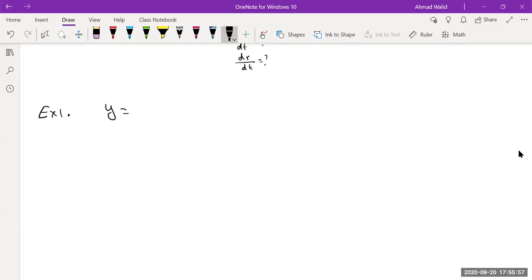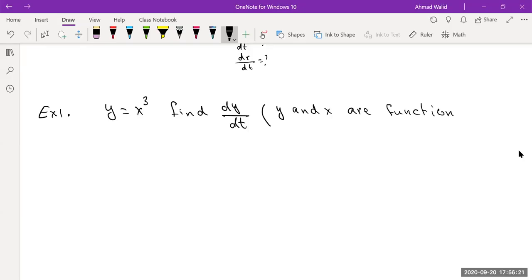If y equals x cubed, find dy over dt. But remember, inside the parentheses, y and x are functions of t. Correct? Remember this much? Y and x, they are all functions of t.